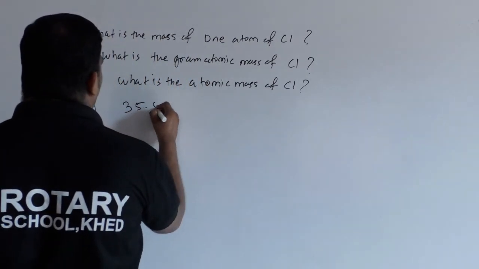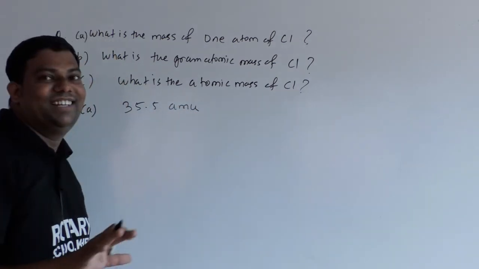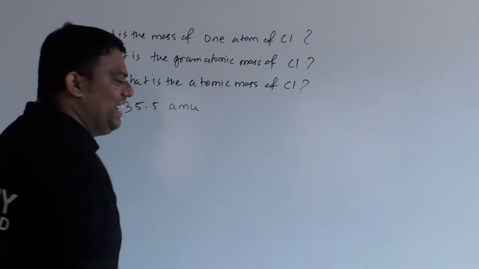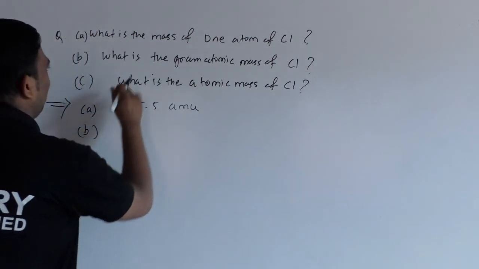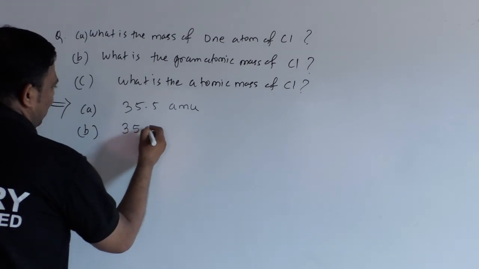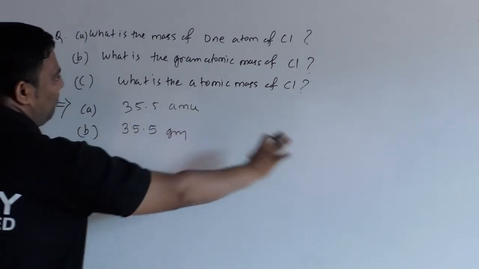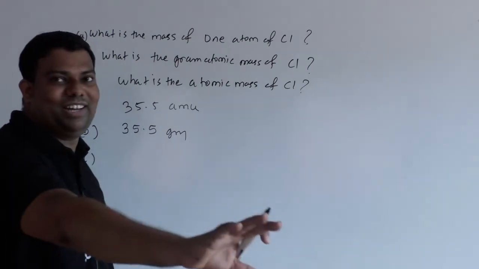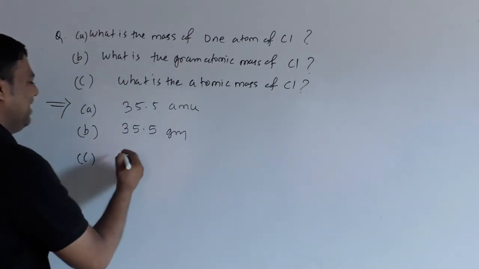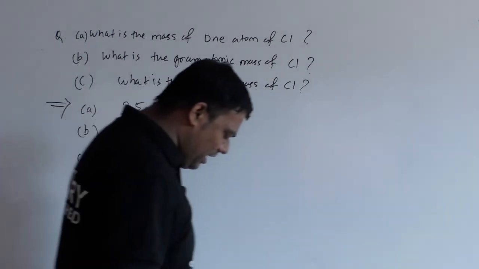So 35.5, आता आपण इथे directly लिहू शकतो because we did the calculation part of that. ठीक आहे. Small b: what is the gram atomic mass. So gram मध्ये आता आपल्याला लिहायला लागेल, that is 35.5 gram. And what is the atomic mass? Simply, जेव्हा atomic mass आपण लिहितो तेव्हा only 35.5. ठीक आहे.